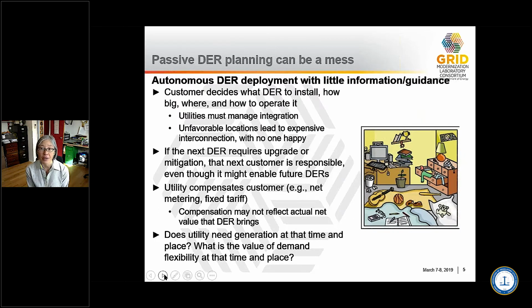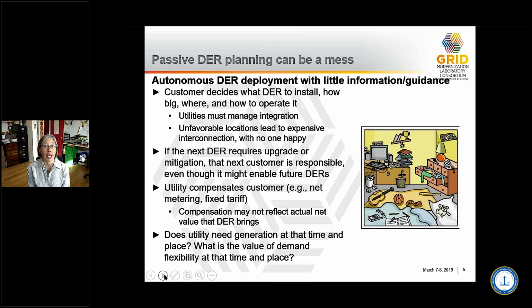Currently, most of us are in a reactive mode when it comes to managing DERs. So this may not be a big deal if you've got a little bit of DER in your system, but if you've got increasing and fast growth of DERs, it can become a mess. Customers don't have good information, so they make decisions about DERs based on their own economics, which might not align with grid needs.